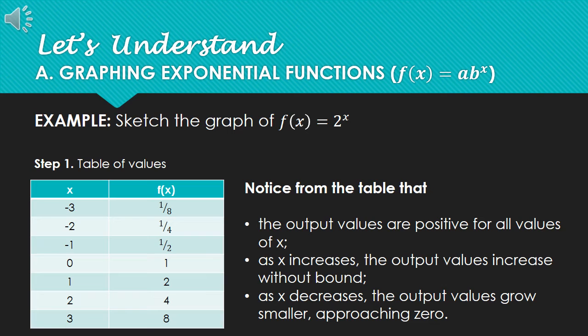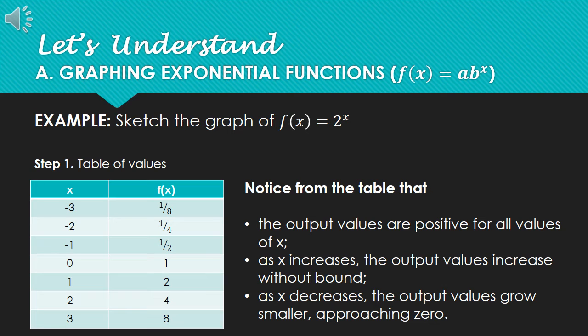So notice from the table that the output values are positive for all values of x. Yes, we can clearly see on the table that regardless of the value of x, we have here negative values, positive values, the output are still positive.